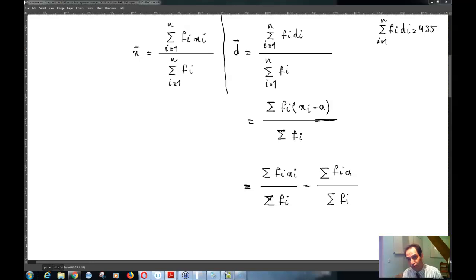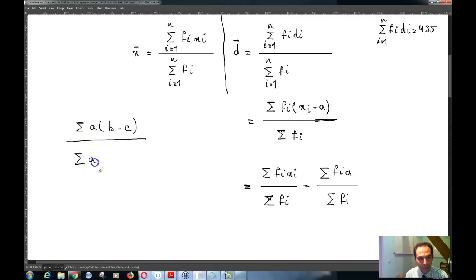You can do it for yourself, meaning that you can write, for example, sigma a times b minus c, divided by sigma a, and you will see that it is actually possible to write it as sigma a times b over sigma a minus sigma a times c over sigma a.